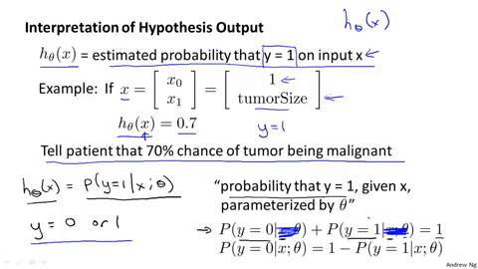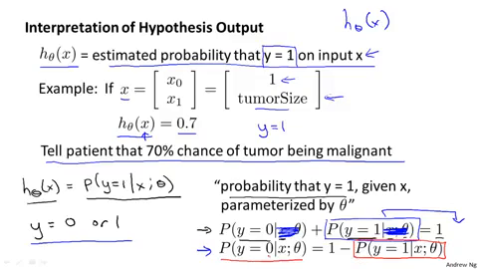And so if you just take this term and move it to the right-hand side, then you end up with this equation. It says probability of y equals 0 is 1 minus probability of y equals 1. And thus, if h of x gives us that term, you can therefore quite simply compute the estimated probability that y is equal to 0 as well.